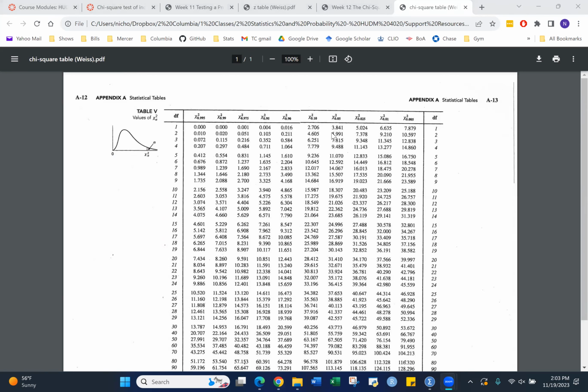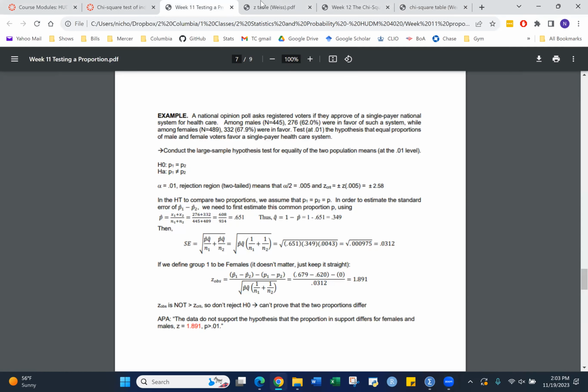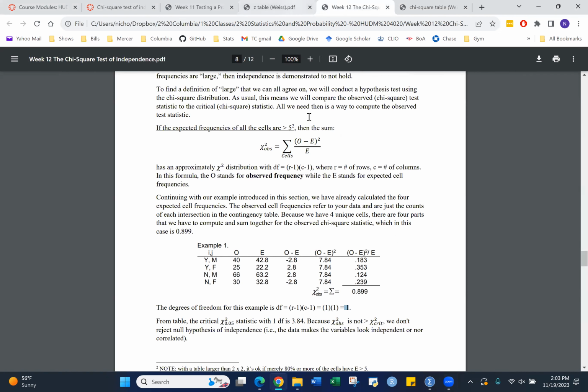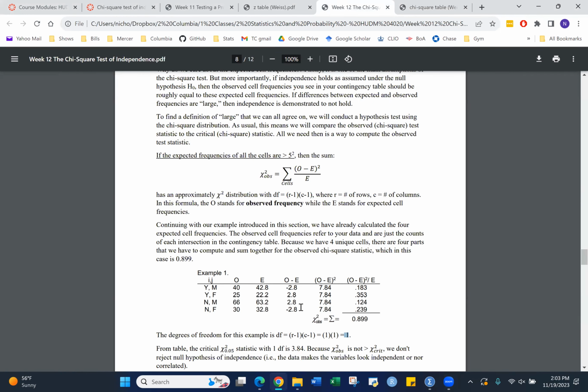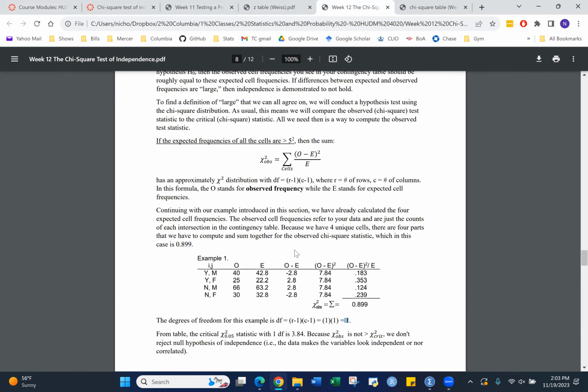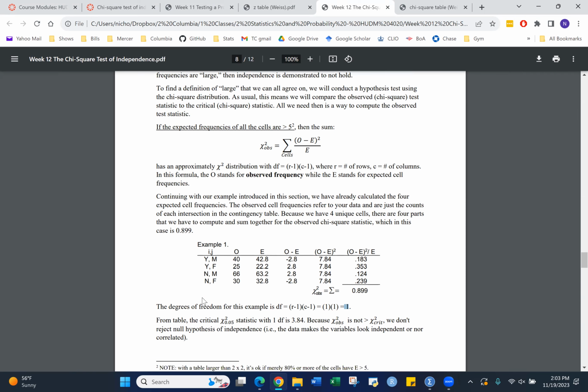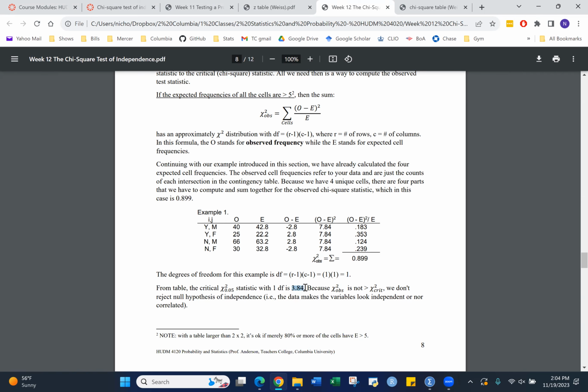So 3.841, right? DF is in this column. I'm in the first row where DF is 1, and I'm in the 0.05 column, critical value 3.841. Where are the notes? Here they are. Oh, there it is, 3.84.